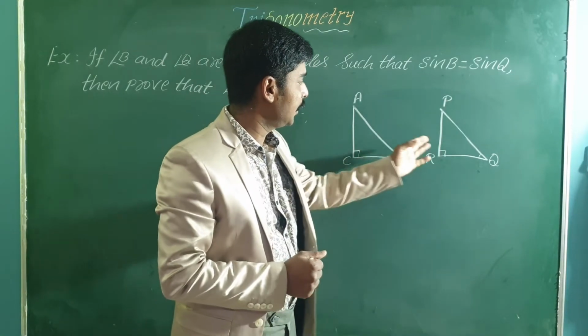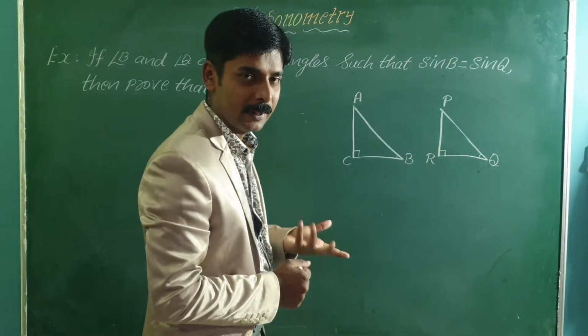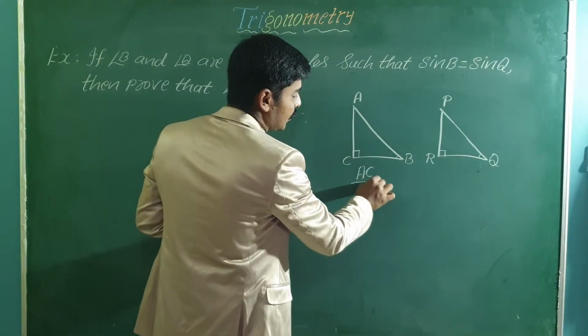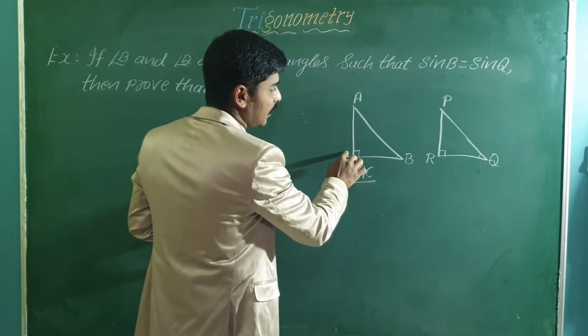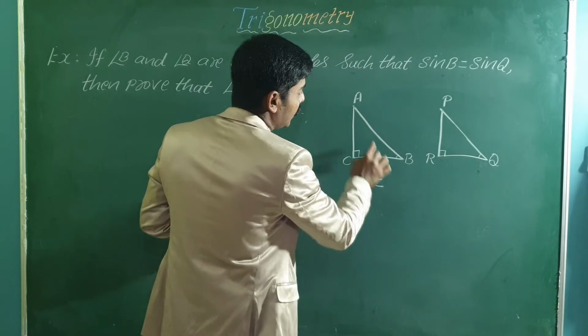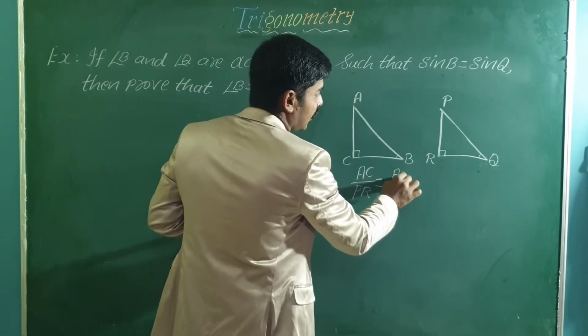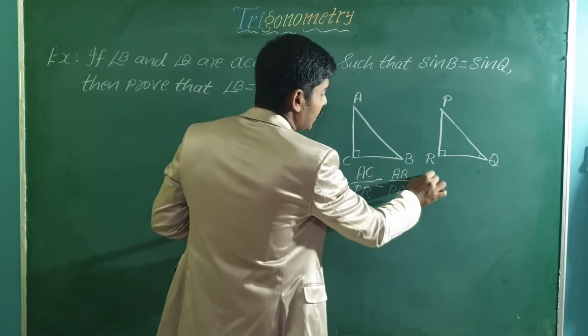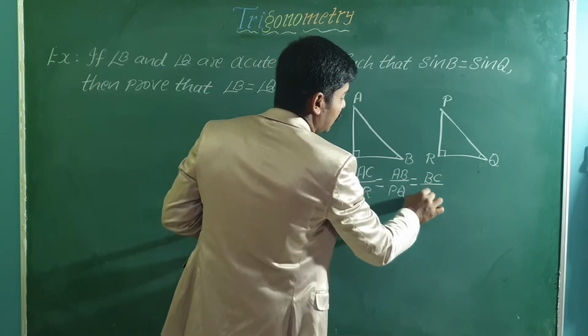So if I need to call these two triangles similar, then what I must prove? I must prove that the ratio of their corresponding sides are equal. That is AC by PR is equal to AB by PQ, and this is equal to BC by QR.